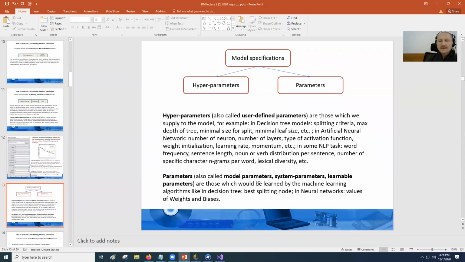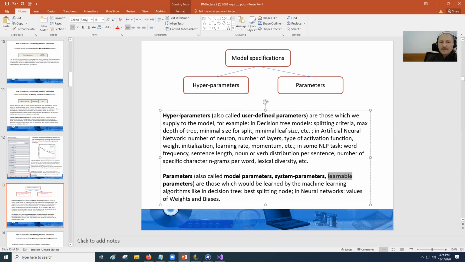Let's see some examples for the system parameter or model parameter or learnable parameter. This is model parameter, shortly. Model parameter, system parameter means they are the learnable parameters. We are not configuring them. We are not trying to find out their correct values. Who is trying to find them? The training algorithm discovers their optimum values. Learnable, because it is the job of the training algorithm to find their optimum values.